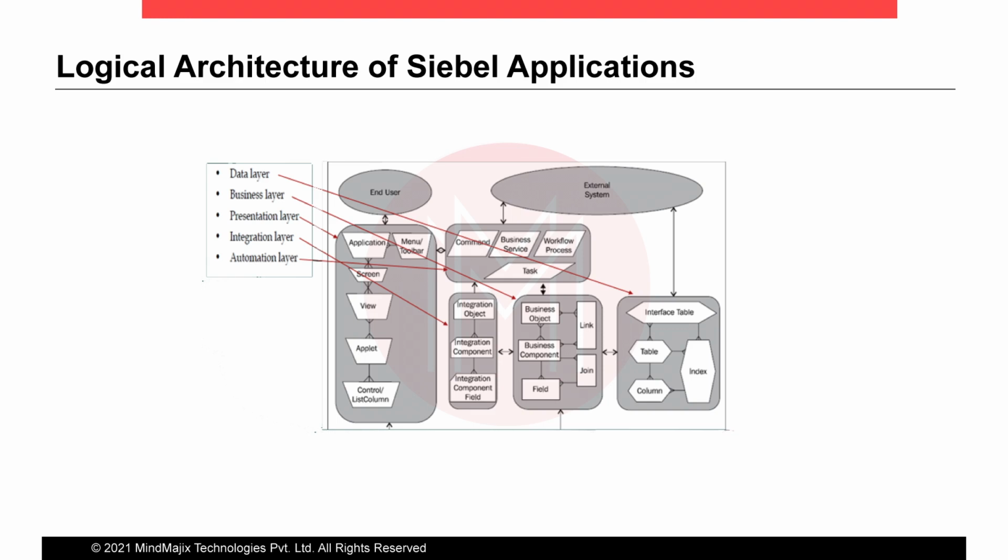Creating a new table in Tools means we are creating it in the logical layer. We give the table name and the columns. Let's say I have to create 5 different columns, so we provide the column name, column type, and column size. All these definitions we are creating here.